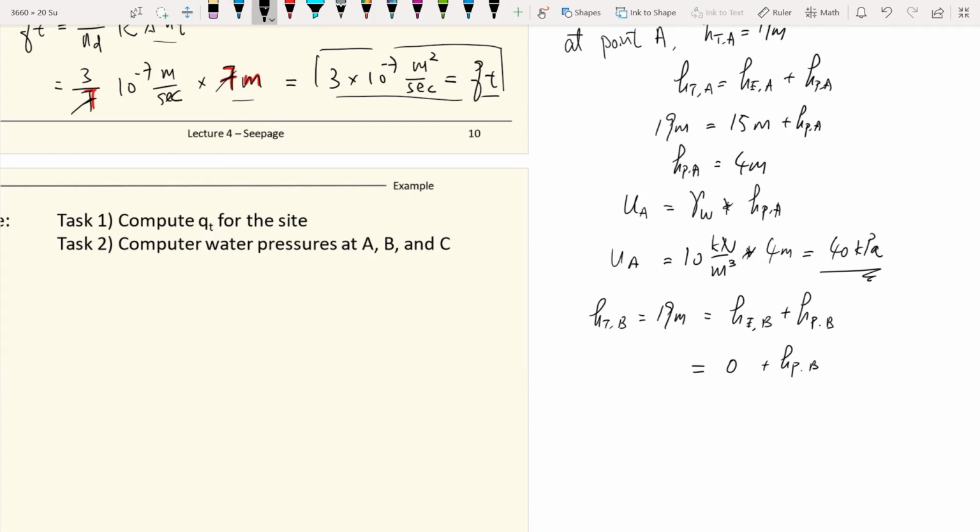If we solve for this, the potential head at point B will be equal to 19 meters. And the water pressure at point B, quickly, is about 190 kilopascals.